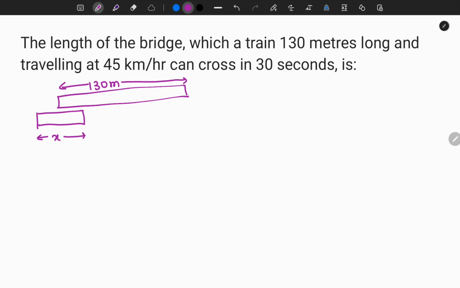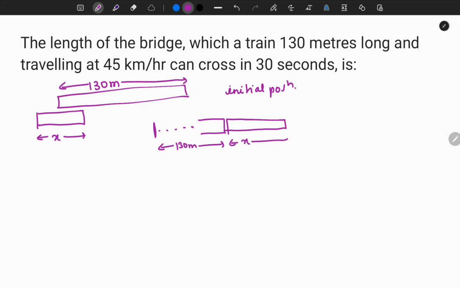So when will you say the train has completely crossed the bridge? Let's say this is the initial position, the beginning. This is your train, 130 meters long, and this is your bridge, which is x meters long. Let's look at the distance that this point would cover.